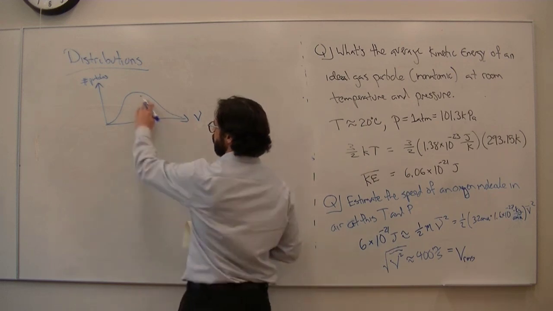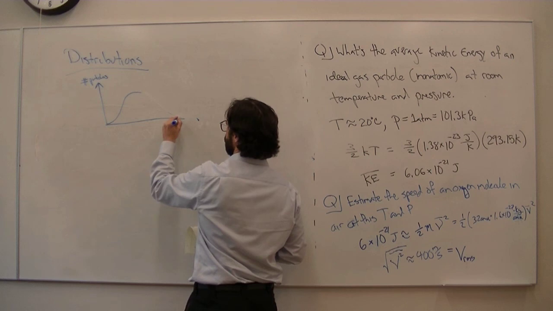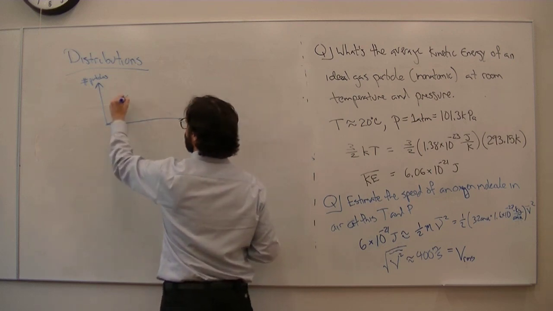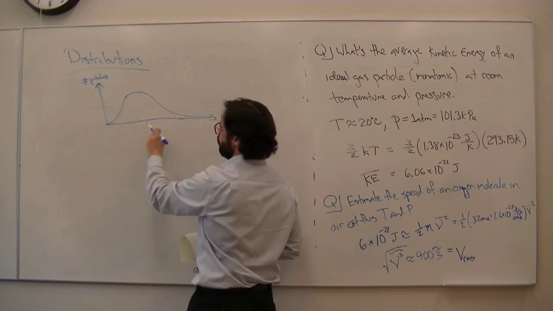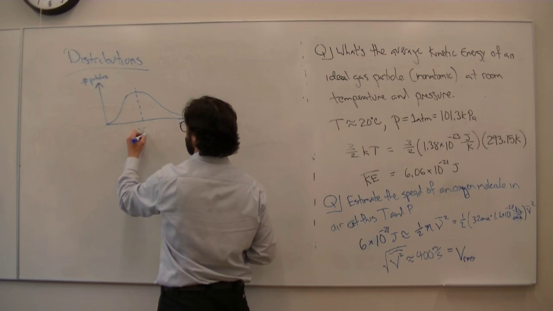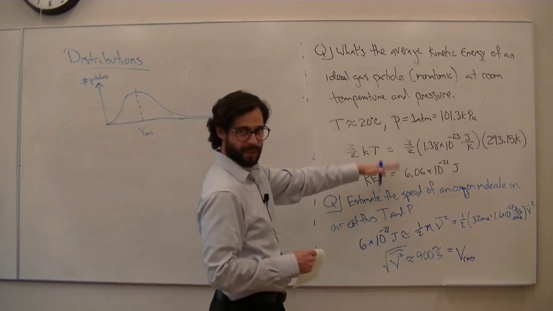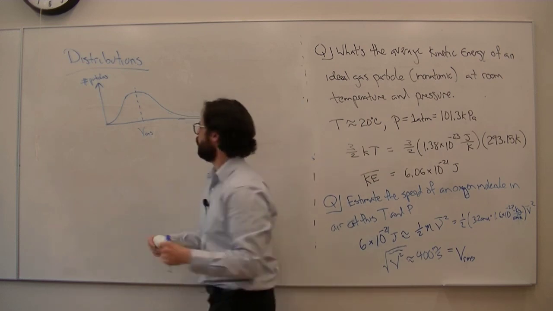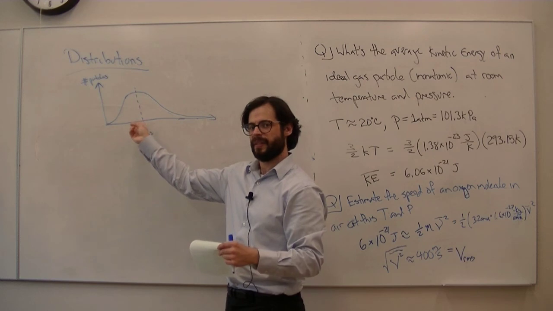I'm not bad at drawing bell curves, but this is really supposed to be skewed, so I'll exaggerate that. Something like that. This is what's called the Maxwell-Boltzmann distribution, and where it balances on your finger is vRMS, which is the thing that we calculated by equating it to the kinetic energy. Imagine this is like a piece of metal and you could balance it on your finger there. So that's what this means.